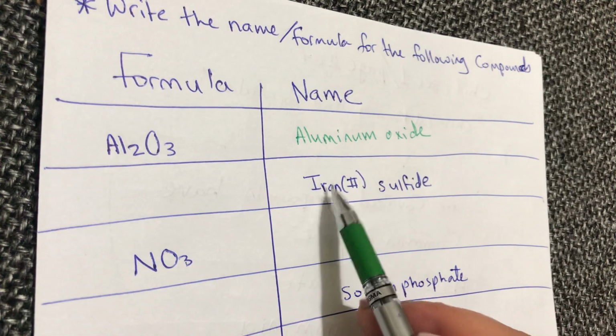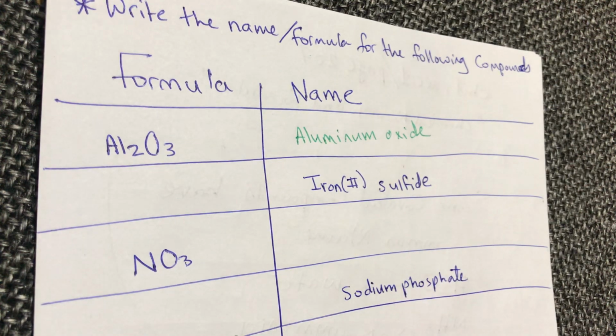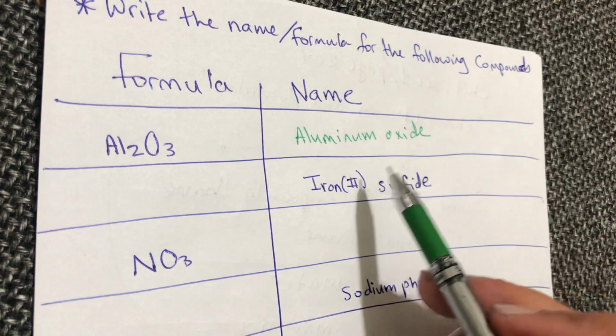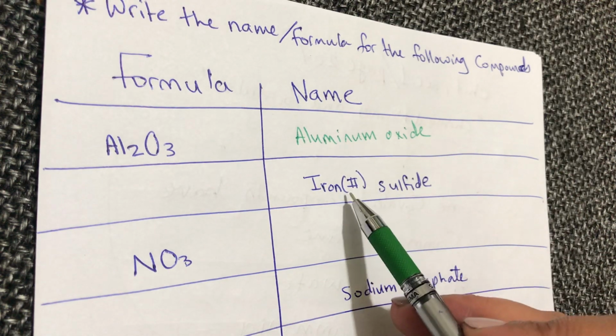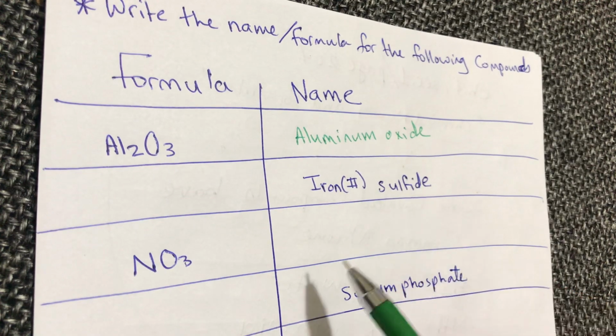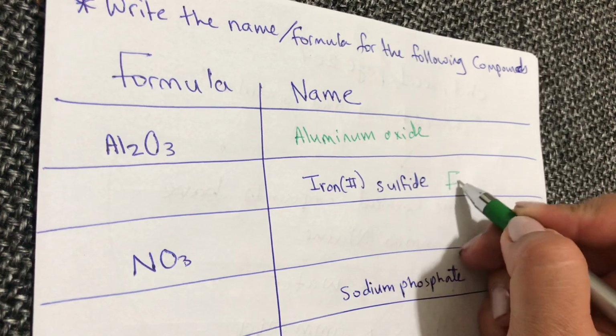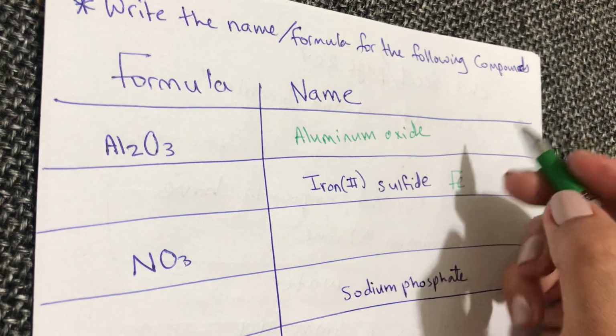Now, how to write the formula for iron 2 sulfide? What are the rules about how to write the formula? Rule number 1, you have to write the symbol of the cation, then the anion. Positive ion, then negative ion. So for iron, Fe, the charge is positive 2.